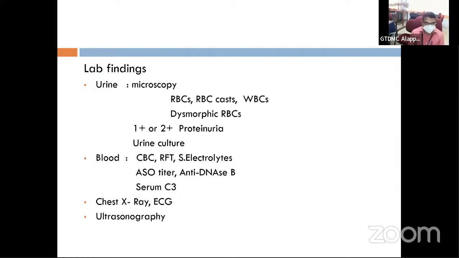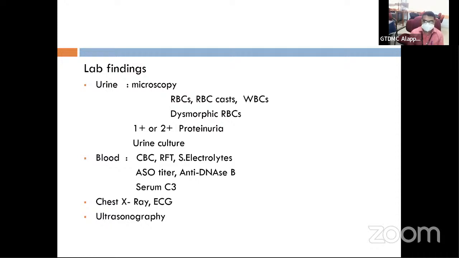So in that case, to prove there is streptococcal pyoderma, anti-DNase B is the investigation of choice. Anti-hyaluronidase testing can also be done. So ASO titer is mainly for evidence of streptococcal sore throat, and elevated anti-DNase B is for pyoderma.